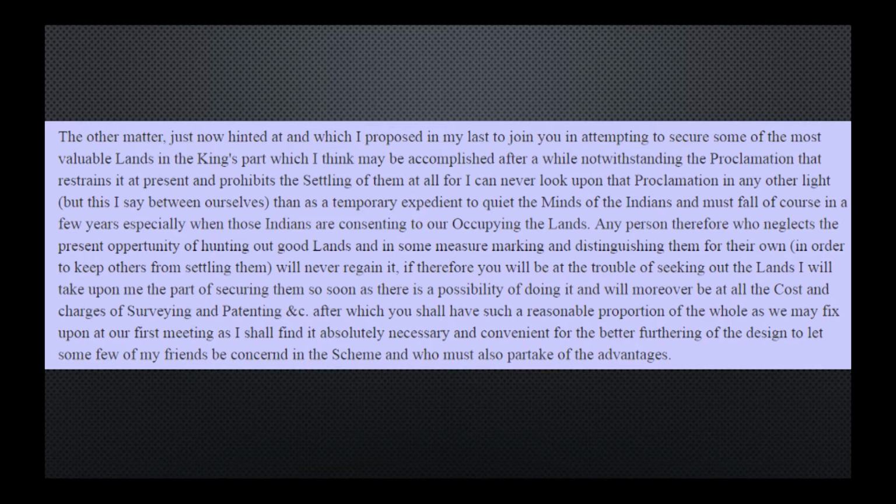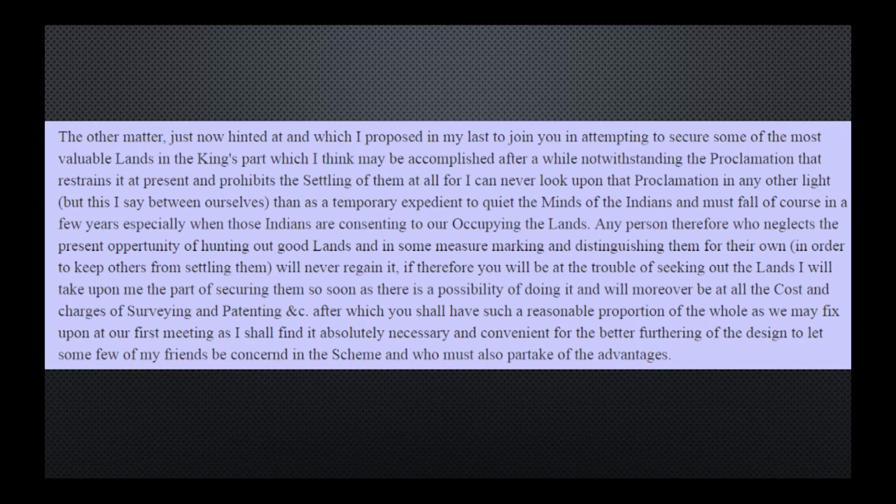Any person, therefore, who neglects the present opportunity of hunting out good lands and in some measure marking and distinguishing them for their own, in order to keep others from settling them, will never regain it. If therefore you will be at the trouble of seeking out the lands, I will take upon me the part of securing them so soon as there is a possibility of doing it, and will moreover be at all the cost and charges of surveying and patenting, etc., because he was a surveyor, you know.